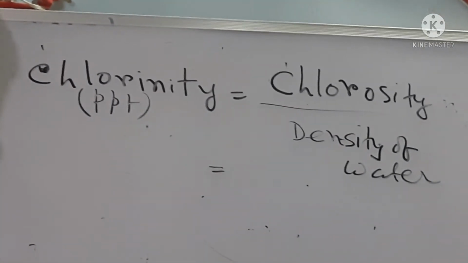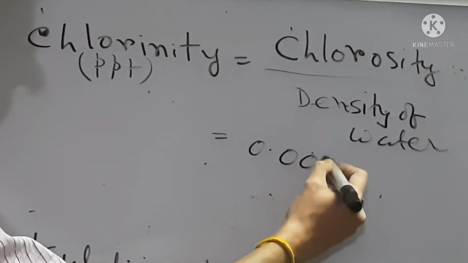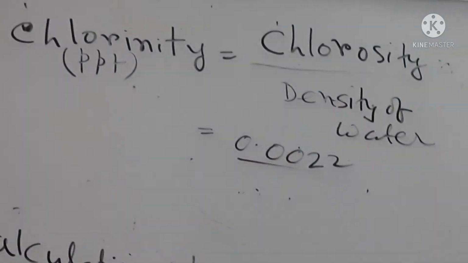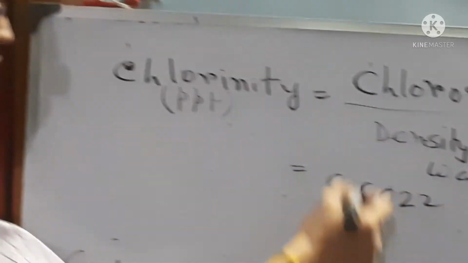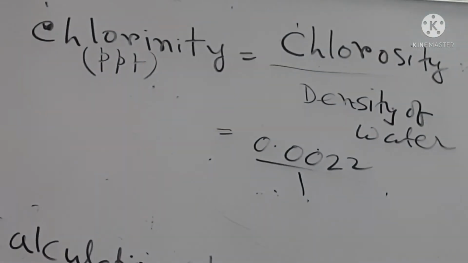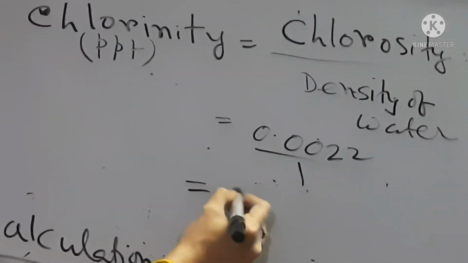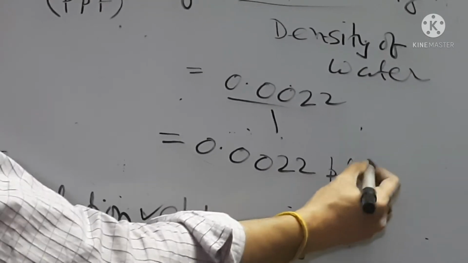Our value of chlorosity is 0.0022, which is divided by density of water. At 25 degree centigrade room temperature, the density of water is usually 1. So the value will be 0.022 ppt then.